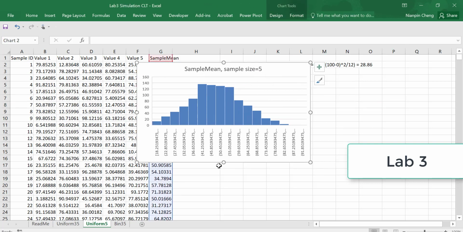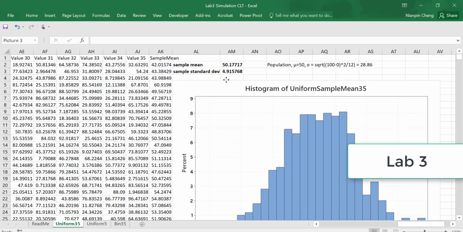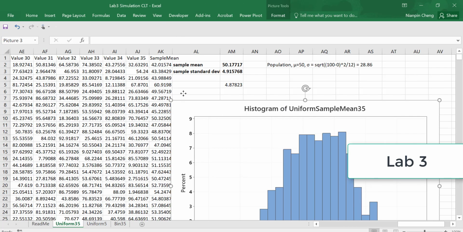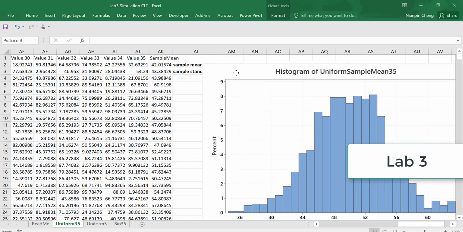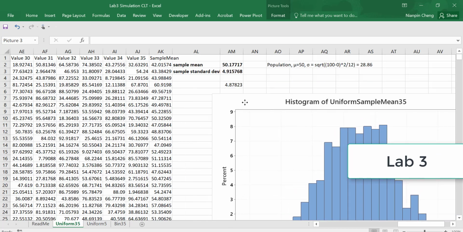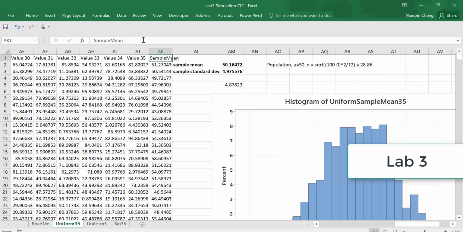These two are a little hard to compare, so since we would like to compare these two, here is sample mean, sample size 35.